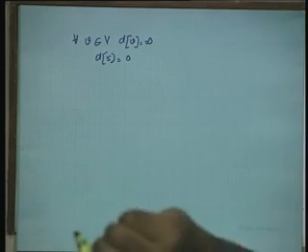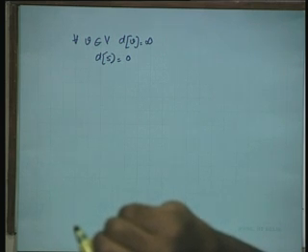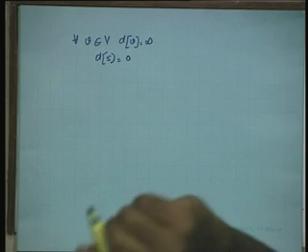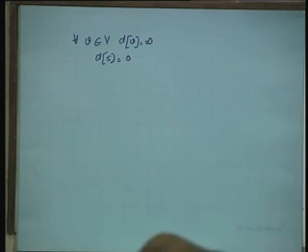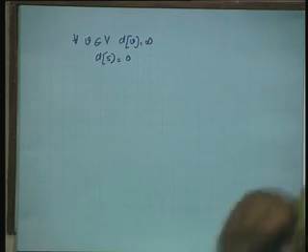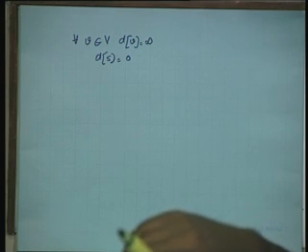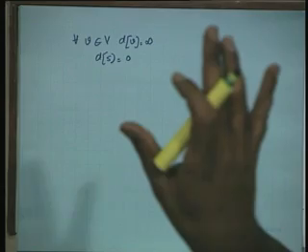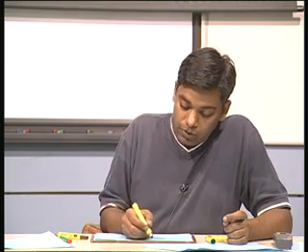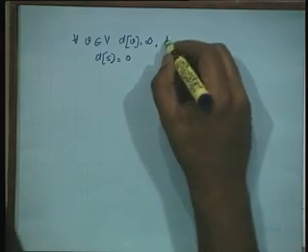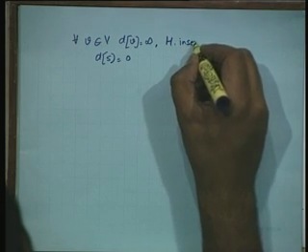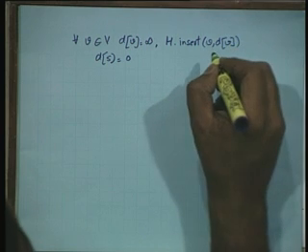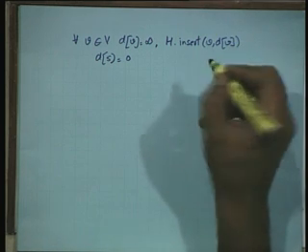Now what should I do? Right, I should take the vertex with the smallest distance label at any step. So all of these should be put into a heap. So for all v belonging to V, d of v equals infinity and H.insert(v, d of v).